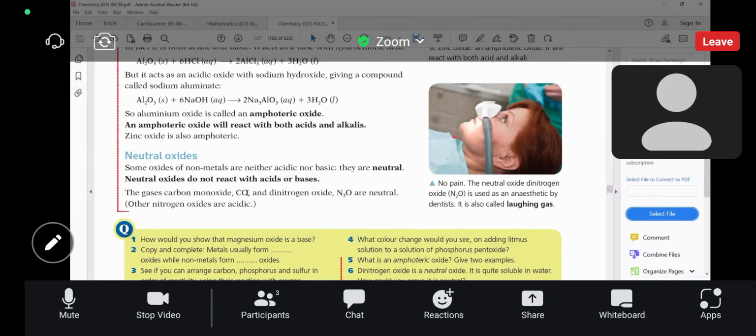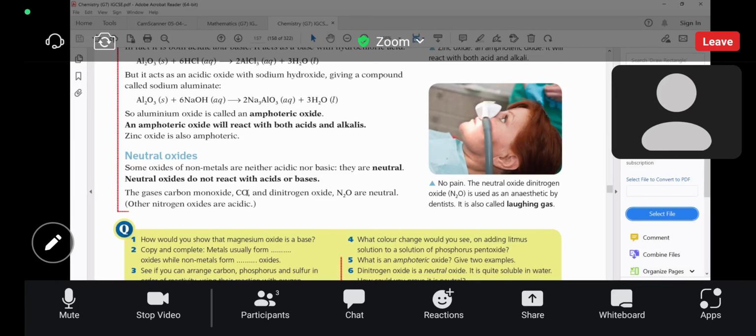Right. So here we have two oxides of carbon, carbon dioxide and carbon monoxide. What do you mean by di and mono?